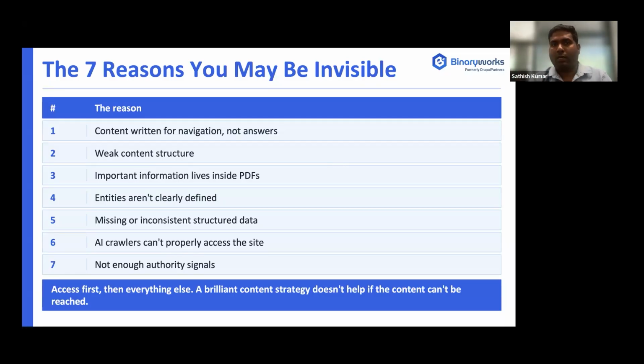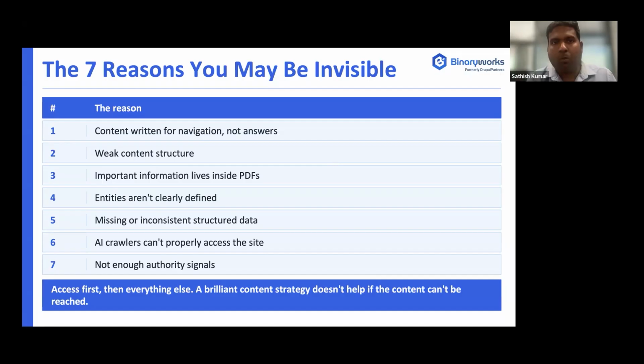That's why the content is written in multiple places, but it's not written for AI answer engines to get the answers faster from your site. And similarly, weak content structure. People write a lot of, like, 1800-word paragraphs, those kinds of things.